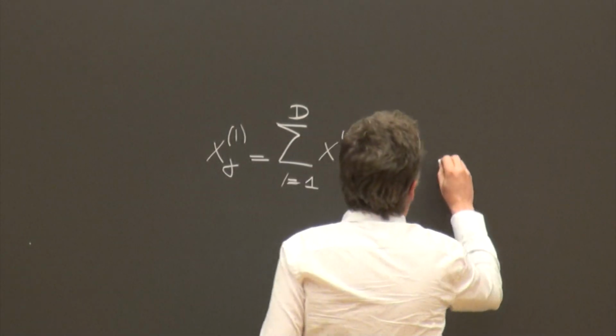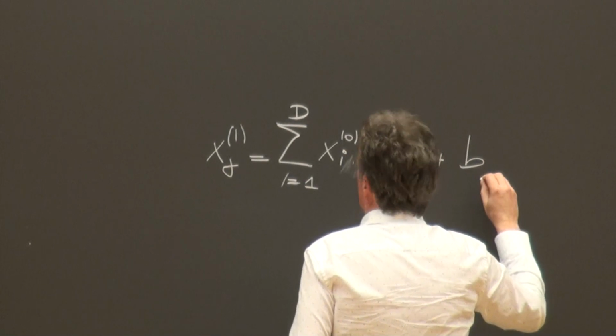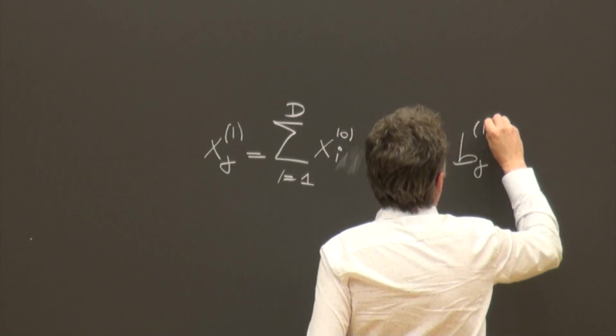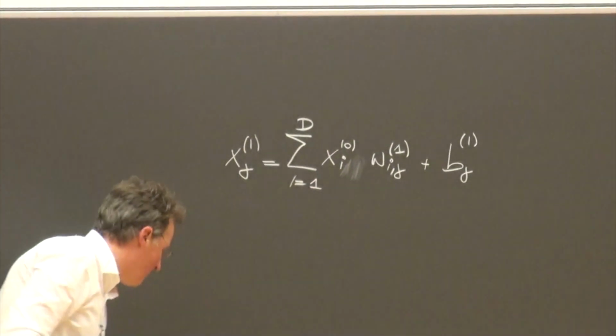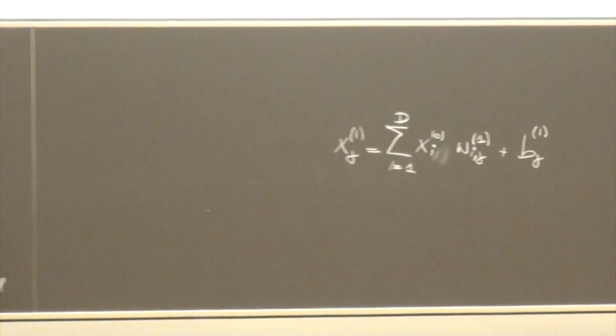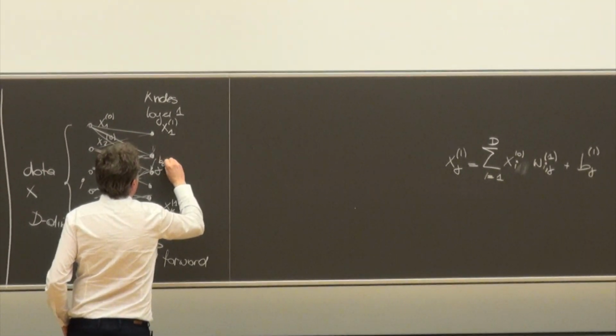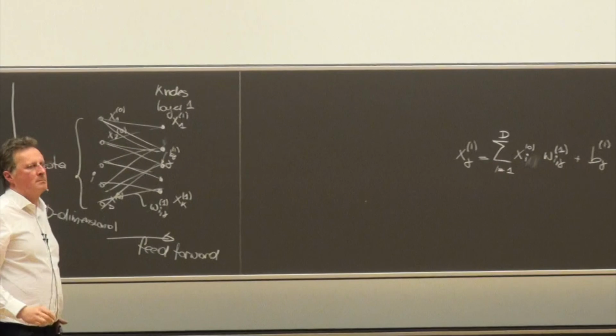And then I still have another term here, and let me call this b_j of 1. So I also have a bias term attached to each node here. For example, this bias term is called b_j1.